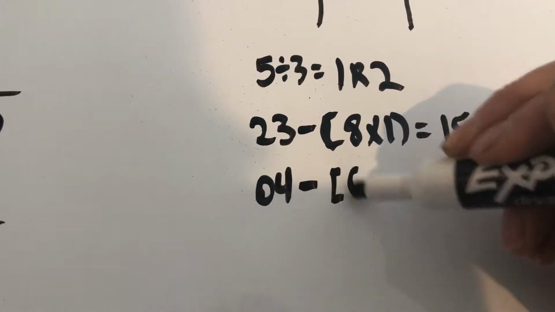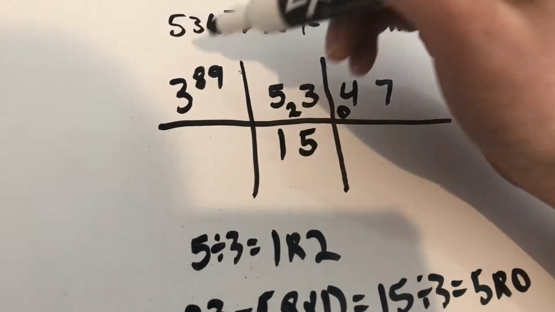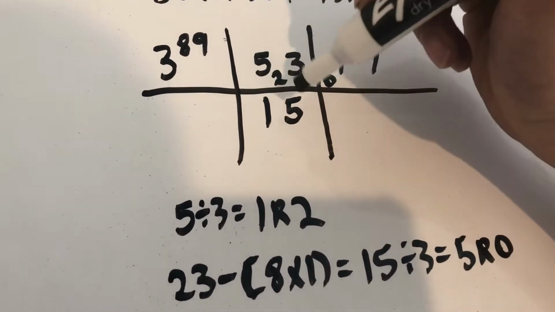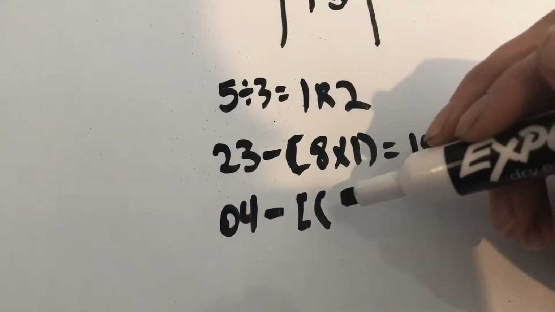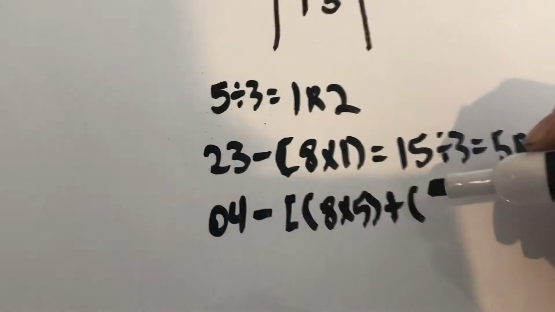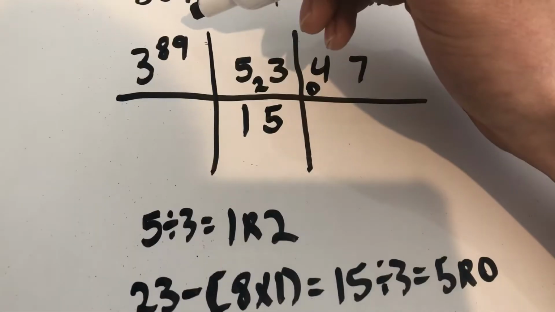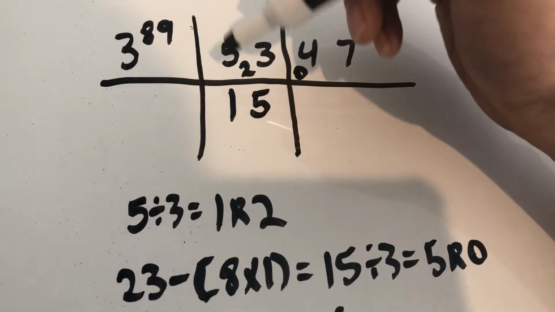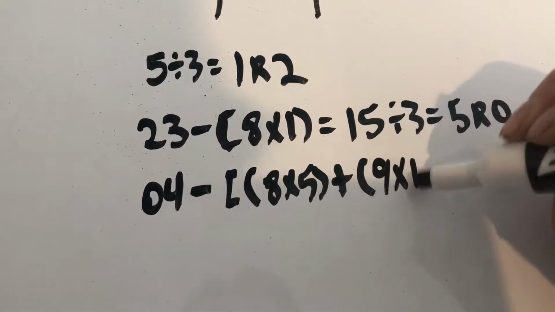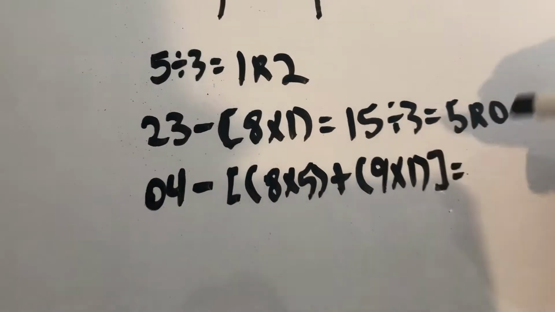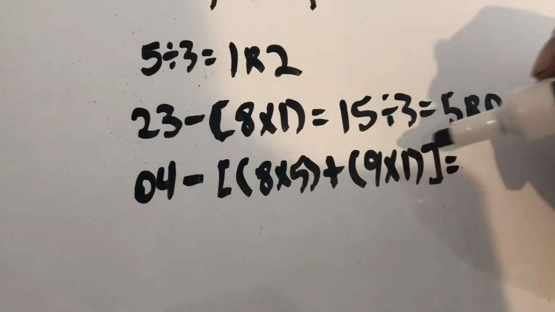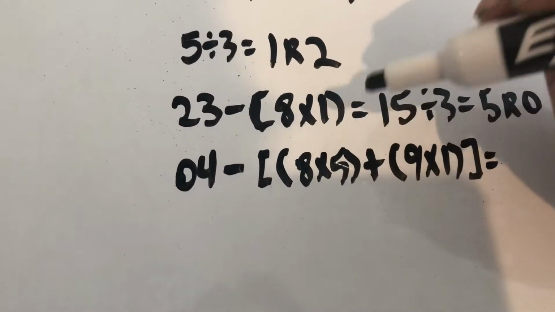Minus, let me make this a bracket, the first flag, 8, times the second quotient, 5, plus, in parentheses, the second flag, 9, times the first quotient, 1. So now we subtract 4 minus 8 times 5 plus 9 times 1.